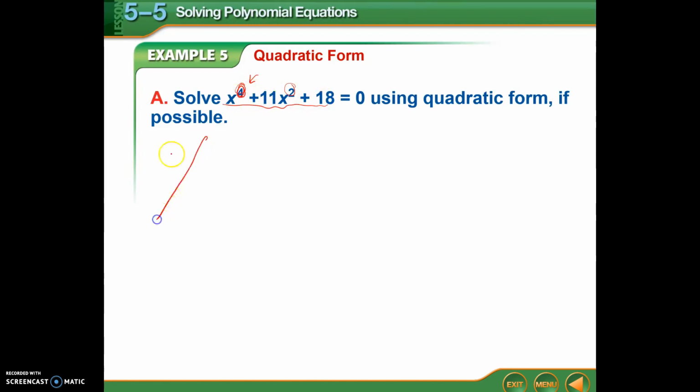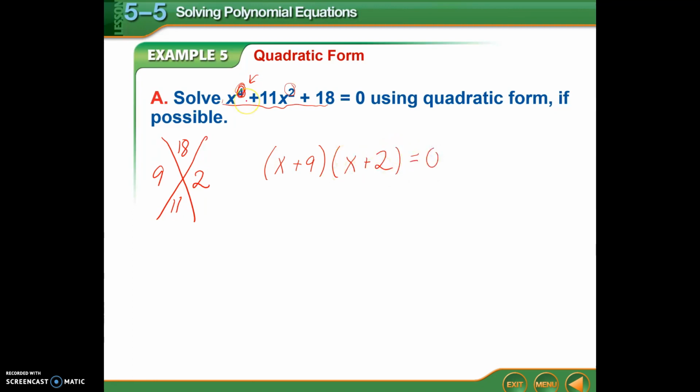If this was quadratic, remember we would do what multiplies to be 18 times 1, so 18, and what adds to be 11, and that would be 9 and 2. So on a quadratic equation, it would be x plus 9, because my a is 1, so I can go right into my factors, x plus 2.